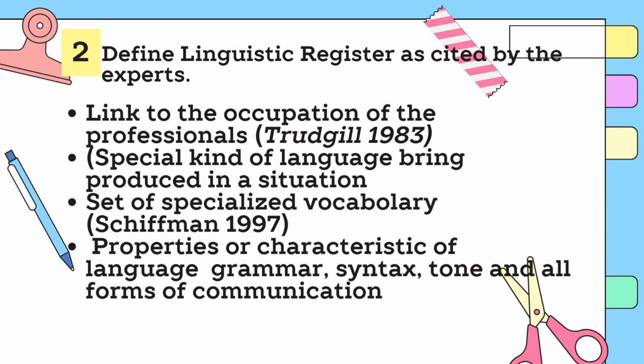Okay. A set of specialized vocabulary, Skipma 1997. Now, there is a set of specialized vocabulary because, as was discussed to you about morphology or classifications of words, sometimes words are of the same spelling and sound, but they have different meanings. And then properties or characteristics of language when it comes to grammar.